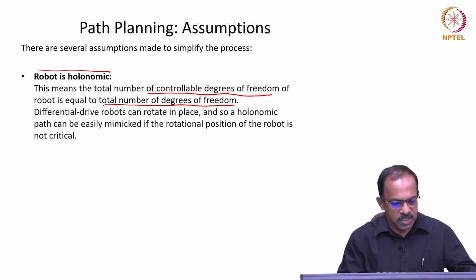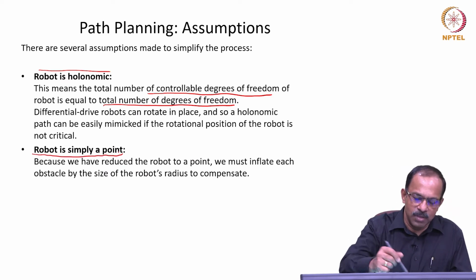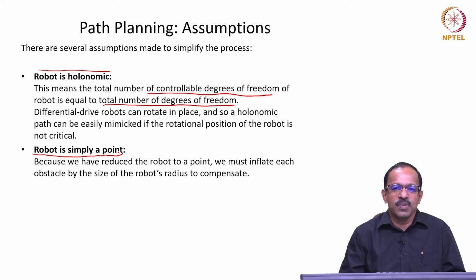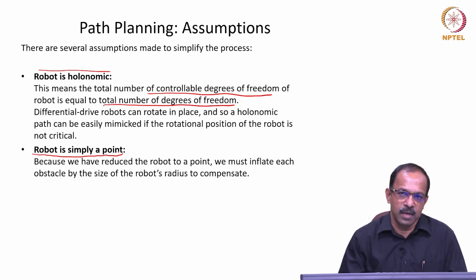Then another assumption is that the robot is simply a point. We assume its size is not critical, so that we can plan the path without worrying about the size of the robot. This is again a simplification of the actual scenario.